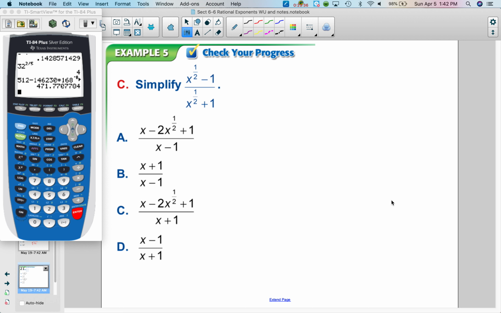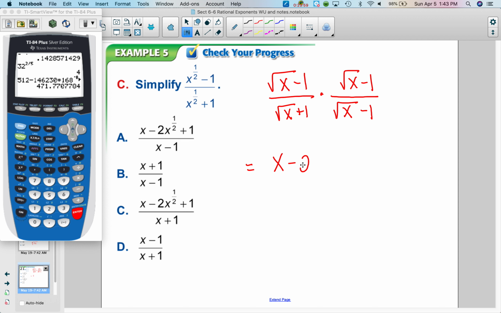Go ahead and pause this and give it a try. All right, so if we have the square root of x minus 1 over the square root of x plus 1, multiplying by the conjugate would be the square root of x minus 1, because you change the middle sign. In the numerator, you're going to get x minus 2 root x plus 1.